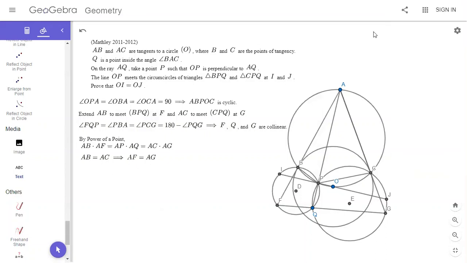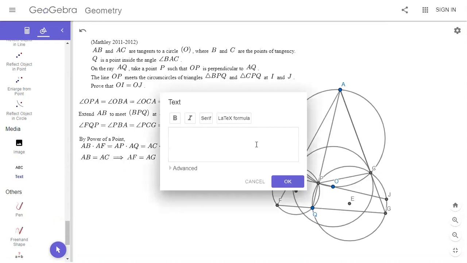And then once we know that, let AO meet FG. So first I'm going to say angle IFQ equals 180 minus, I should say angle, yeah, 180 minus angle IPQ, which is 90. And then similarly, angle JGQ equals 90.